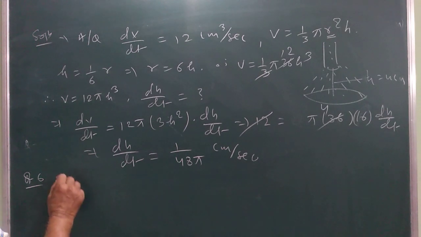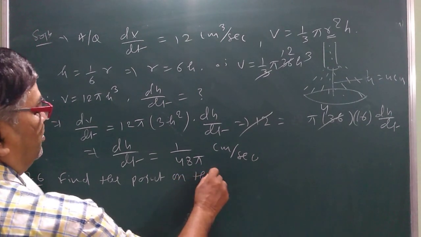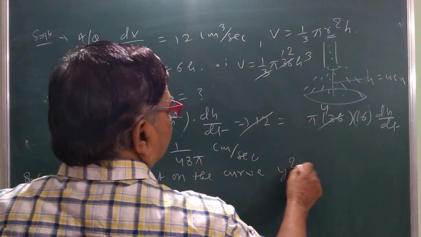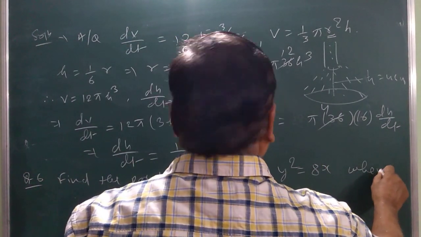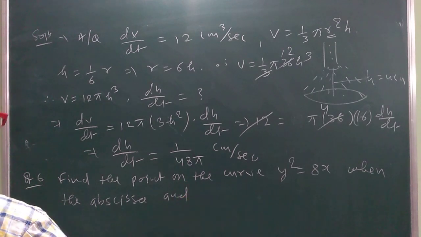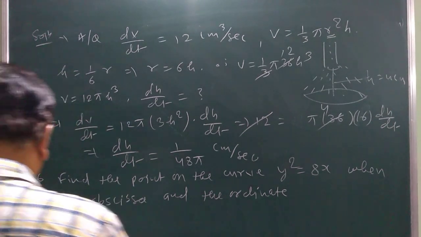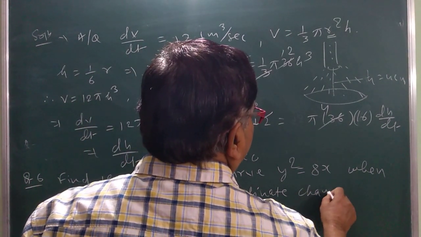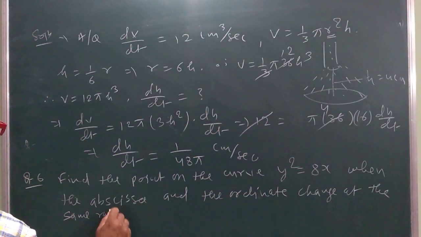Find the point on the curve y square is equal to 8x when the abscissa and the ordinate change at the same rate.